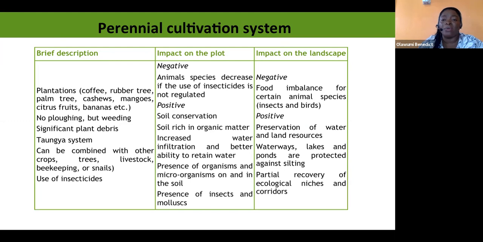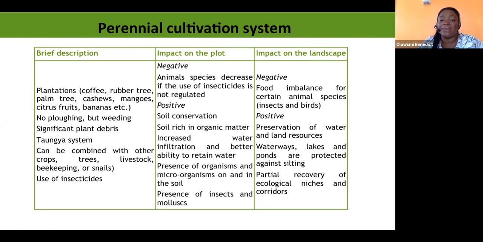Then we have no plowing, but weeding is done in the perennial cultivation system. There's significant plant debris because they are mainly tree crops, so their leaves decompose on the soil. The tall grass system is also practiced, and this can be combined with other crops, trees, and livestock. There's also use of insecticides here.